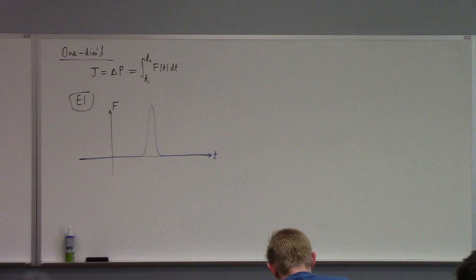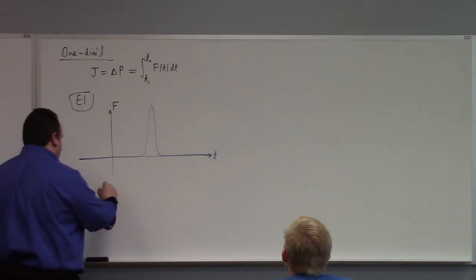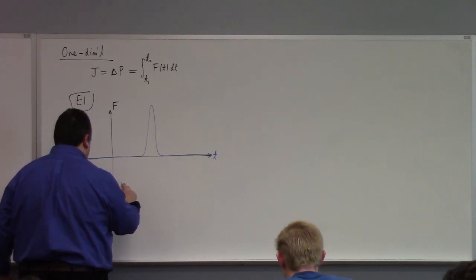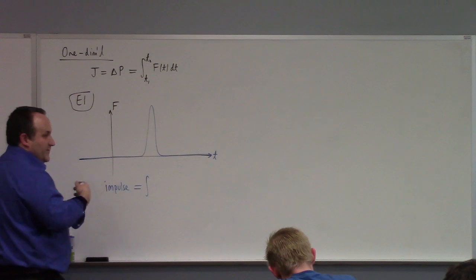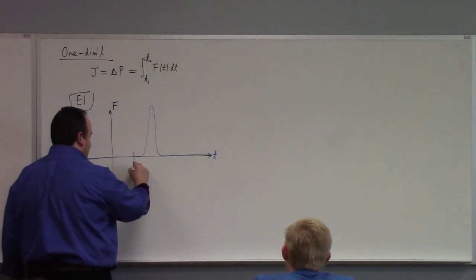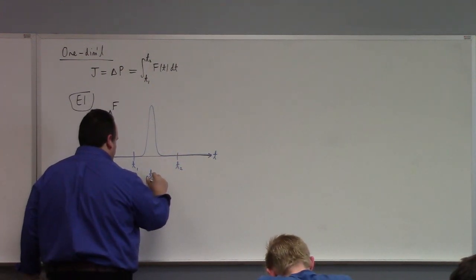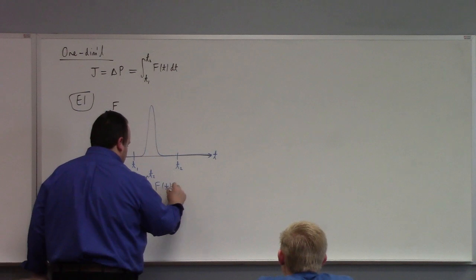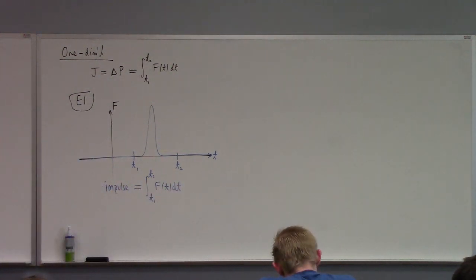What would the impulse delivered by this force be? So you have the integral, I guess the question is over what time period, right? Just for the sake of discussion, let's say it's from time t1 to time t2. You guys can tell me, conceptually, what is the impulse here equal to? Yeah. Area under the curve.